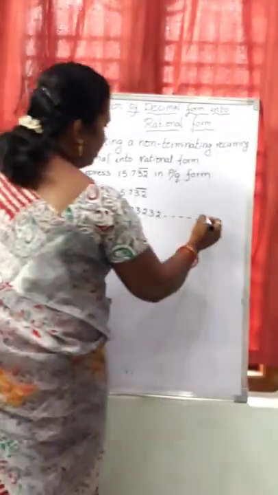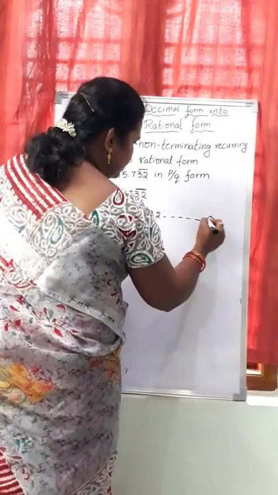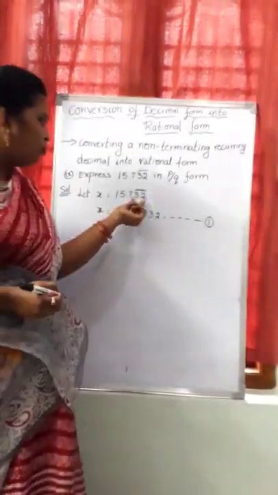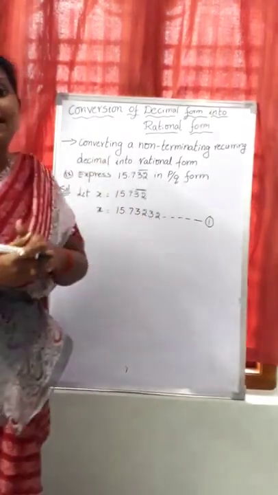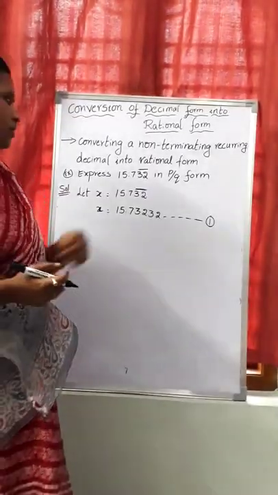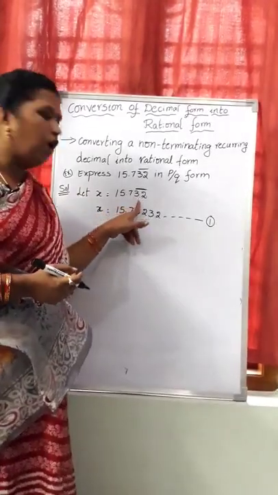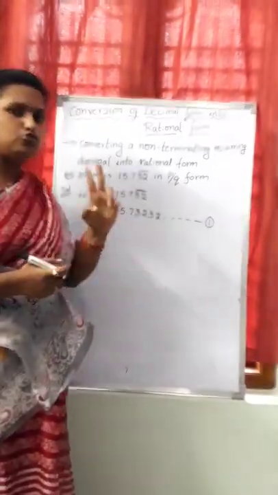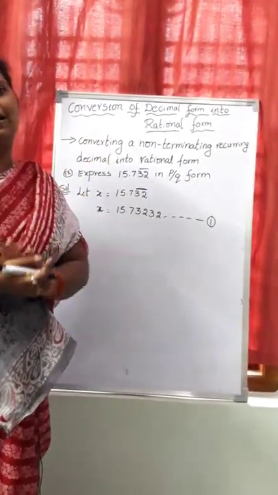Let us take this as the first equation. Now we have to observe the periodicity first of all. How many digits are repeating here? Here the periodicity is 2. Only 2 digits are repeating.